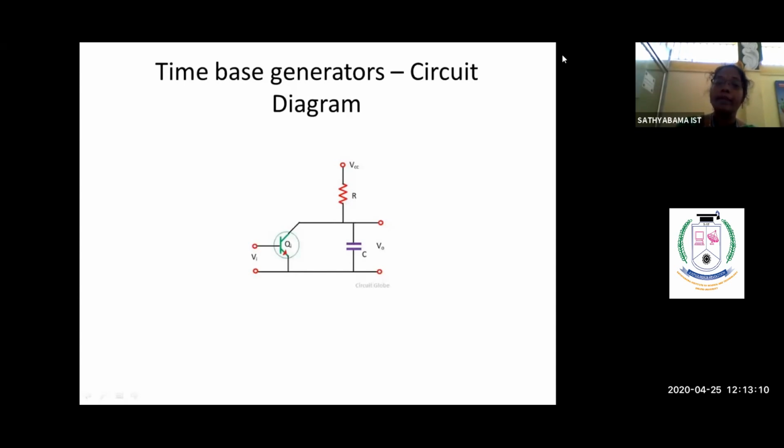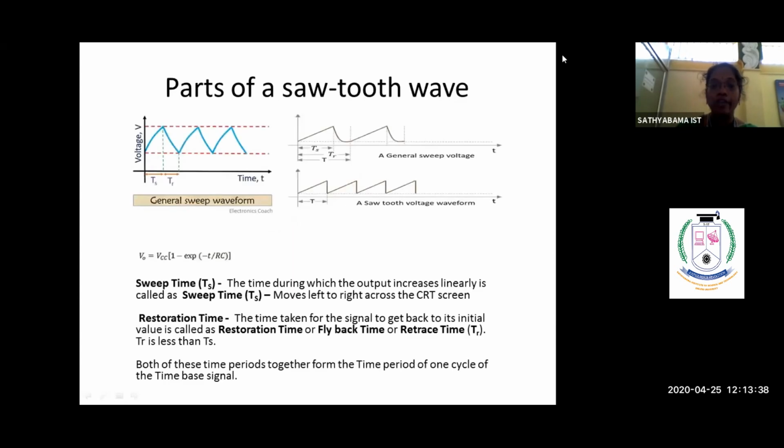Because VBE of 0.7 V is for silicon, and VBE is equal to 0.4 V for germanium semiconductor. In the input characteristic of a transistor, VBE equal to 0.7 V is enough to activate the entire transistor. So the transistor turns on only when Vi is applied. At that condition, the capacitor C goes into the discharging condition. By combining this charging and discharging condition, we can get a sawtooth waveform like this.